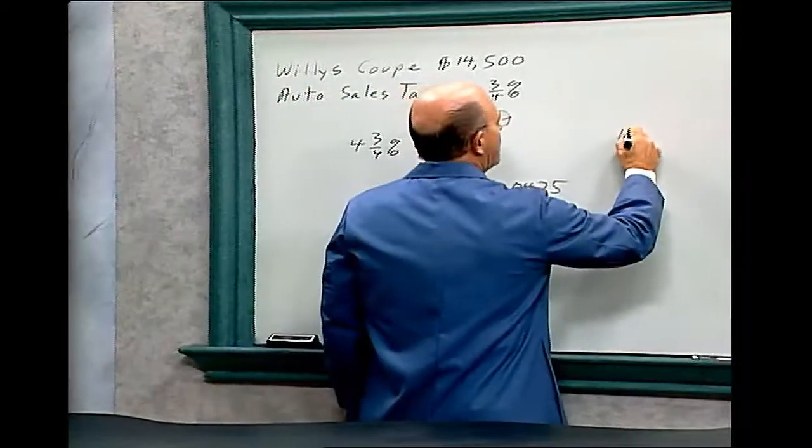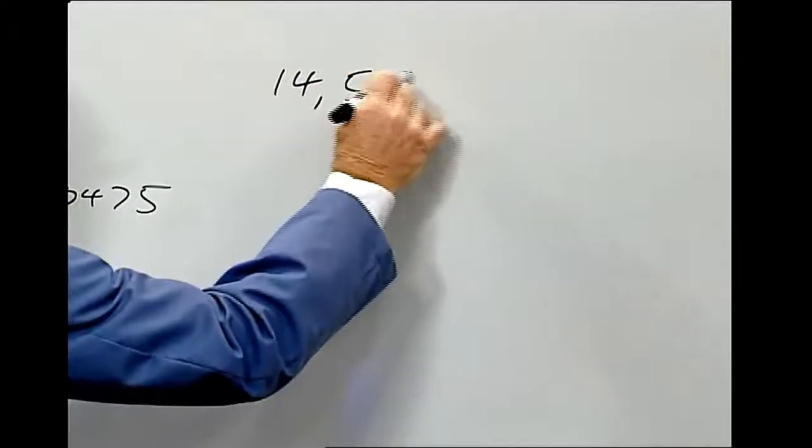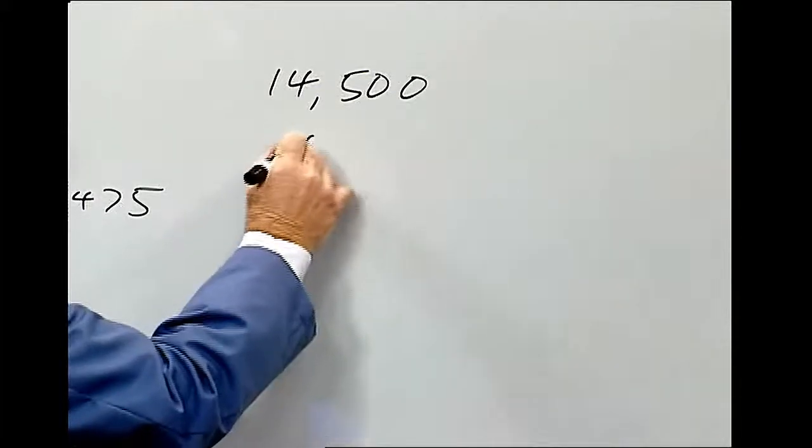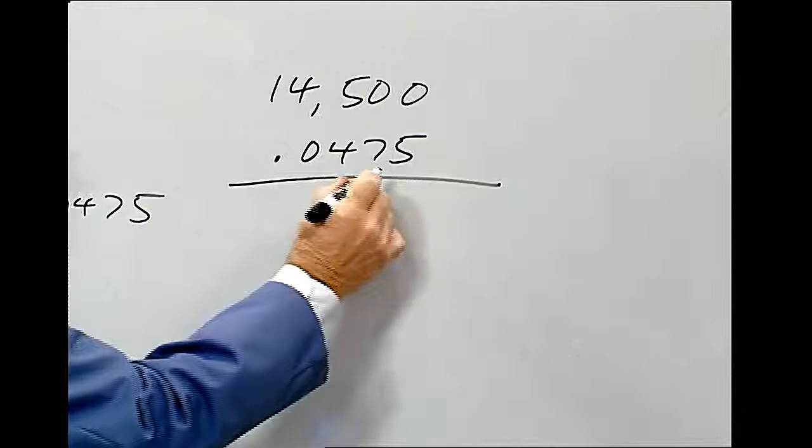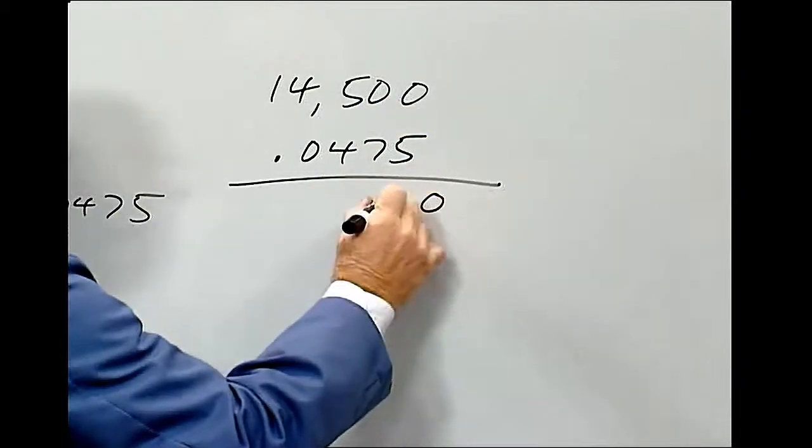Now we just do the math. Multiply 14,500 times 0.0475. 5 times 0 is 0.